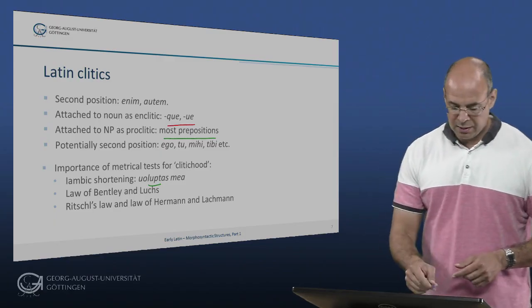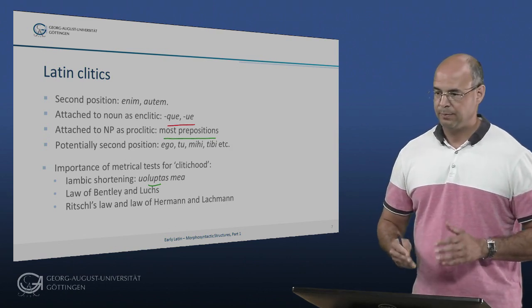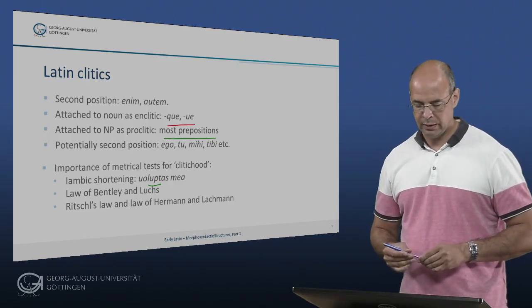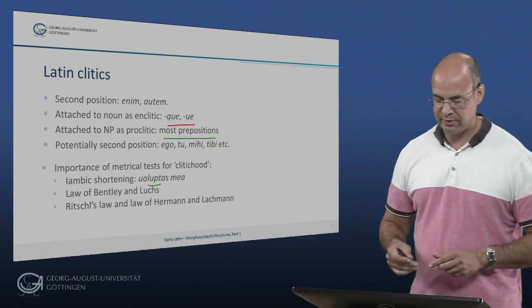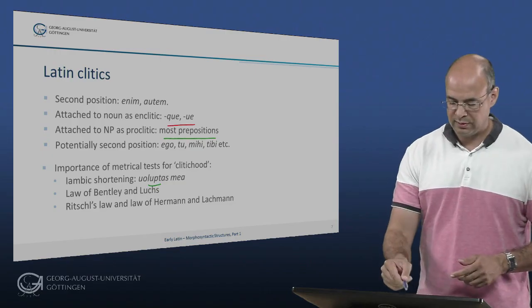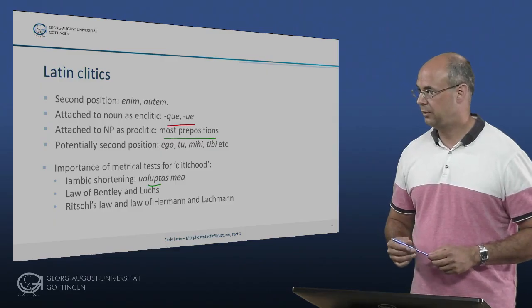The other metrical laws I've mentioned here deal with obligatory word end or absence of word end, and they're particularly important for our purposes because what they tell us is to what extent things like que and we or enim and autem function as clitics.